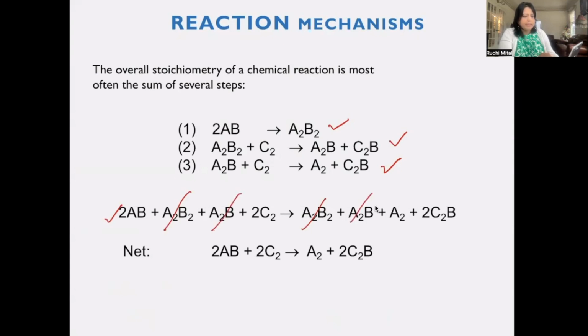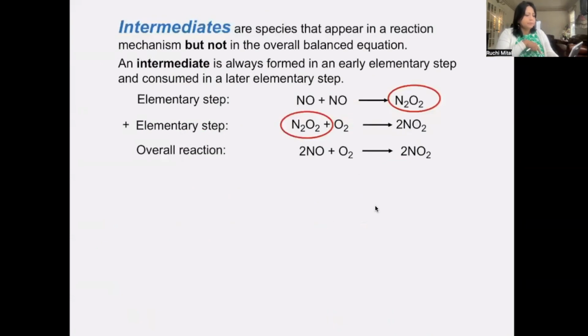And if you look at it, this becomes your net equation, like what we were doing. So this is your net equation with the correct stoichiometric ratio. If these are your elementary steps, you can use this to write your rate law, where the coefficient determines the order of the reaction, provided they are elementary steps.